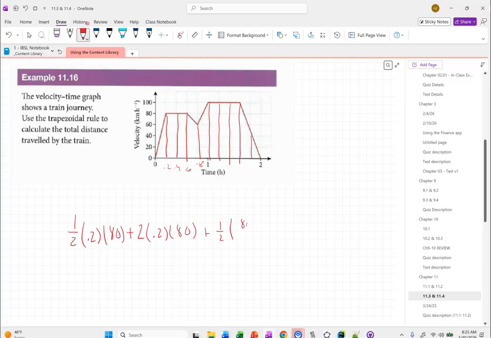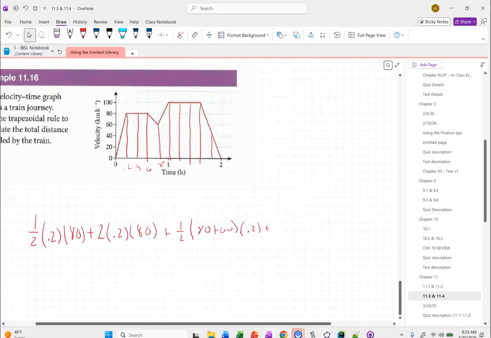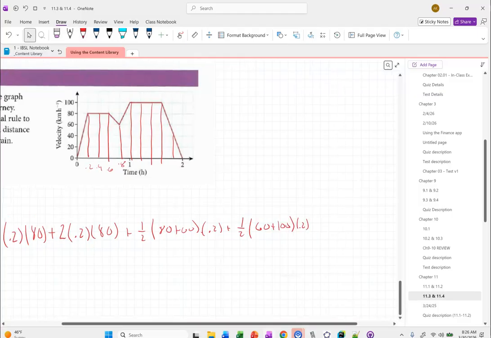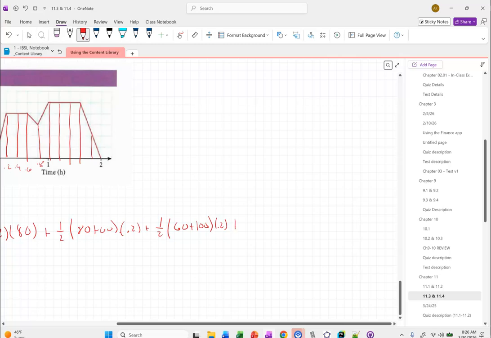Yup. Then I have another trapezoid. Then I have 3 rectangles.